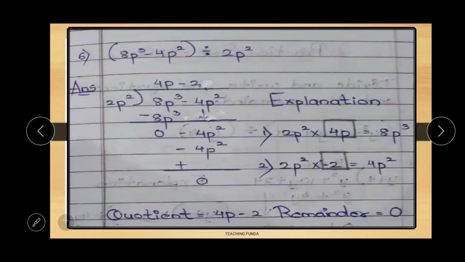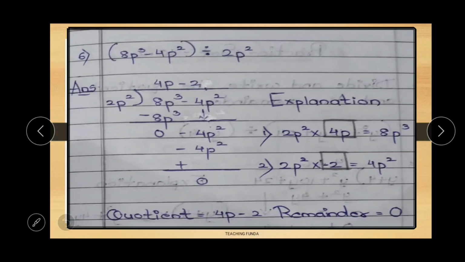So 2 into 4 you will write first over here. Then next thing, p square, and here what is asked? p cube. So one more p you have to add with it. So 2p square into 4p is equal to 8p cube. Write over here 8p cube divided by 2p square.